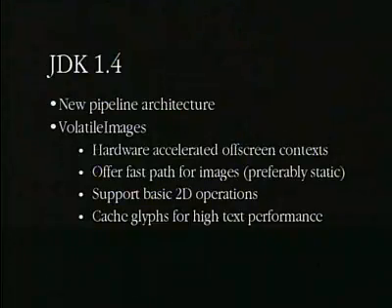We go a little bit beyond that. We try to optimize more primitives, but we are so limited. But we can certainly do what volatile images can do. And they also cache glyphs for high text performance. And I explained to you that we are already doing this as well and how that works. So these two features are interesting because you guys already actually have them.